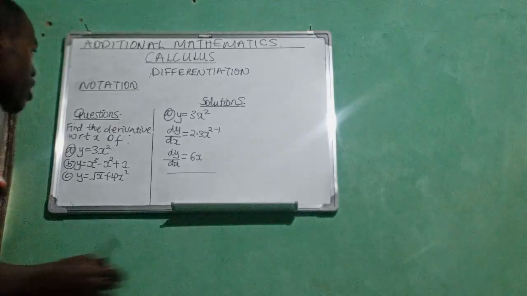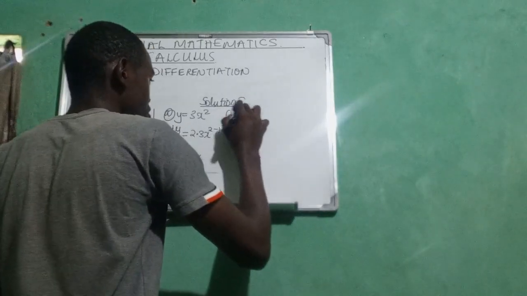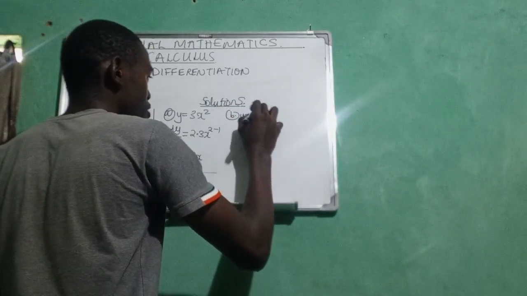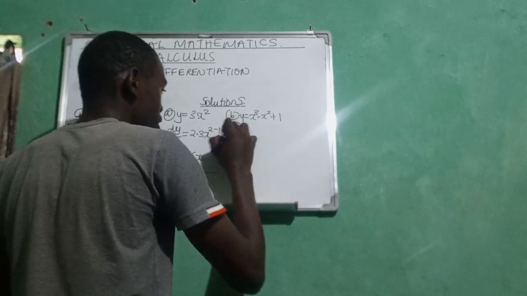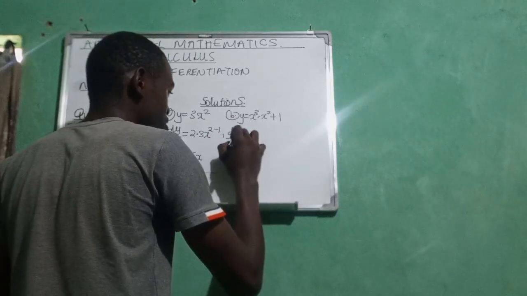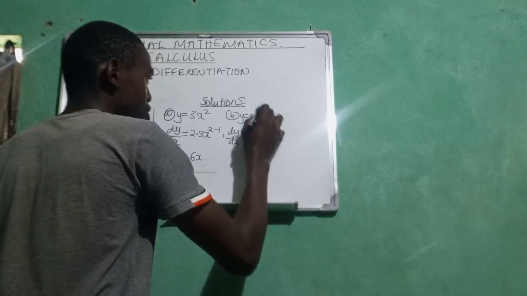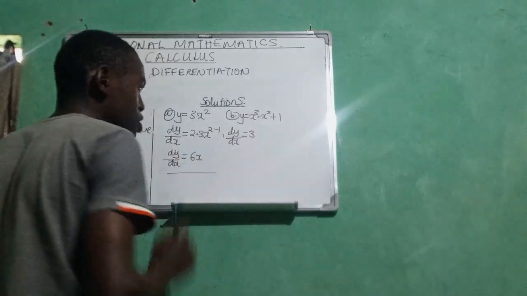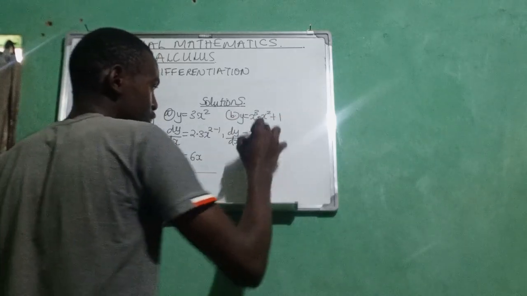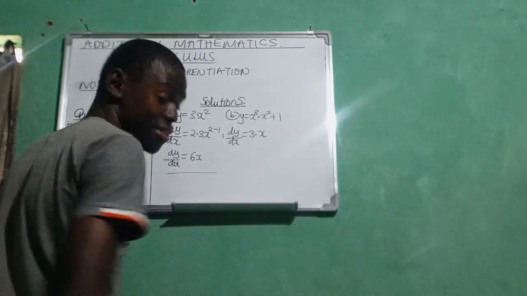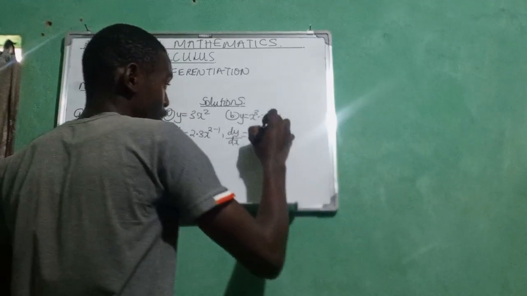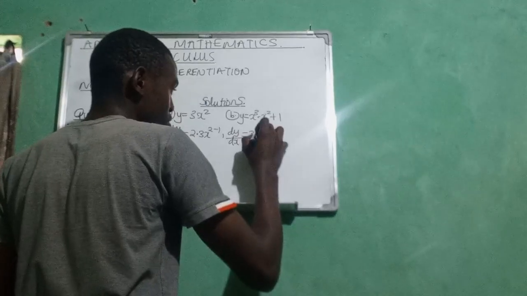Alright. Then we have our B. y is equal to x cubed minus x squared plus 1. Your dy dx is equal to 3. You multiply by the number in front, which is just 1, so I won't write the 1, I'll just say 3 times x, maintain the x, then the power is 3 minus 1, because there's an invisible 1 there.